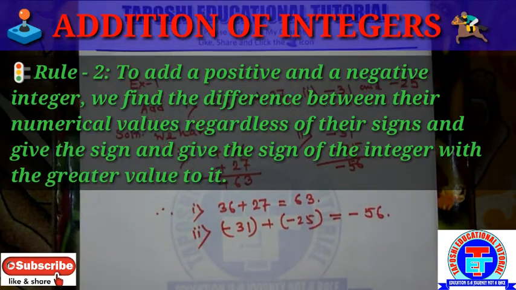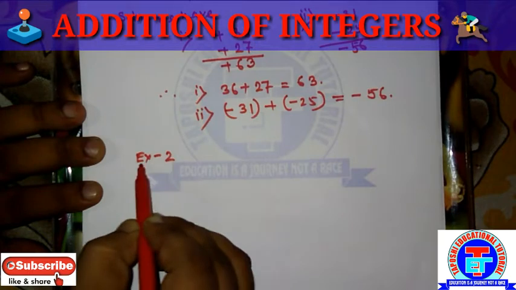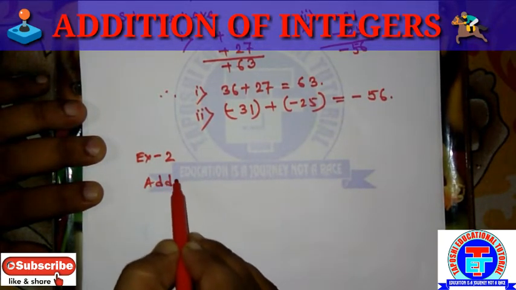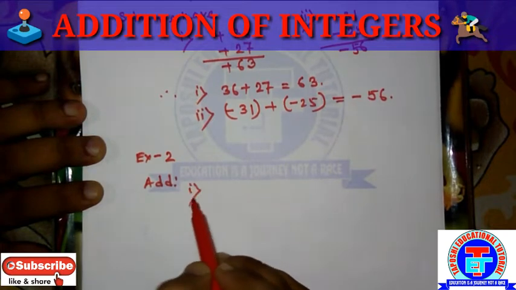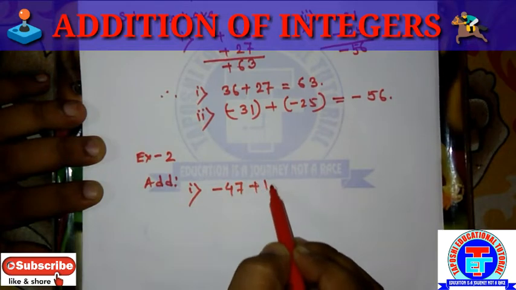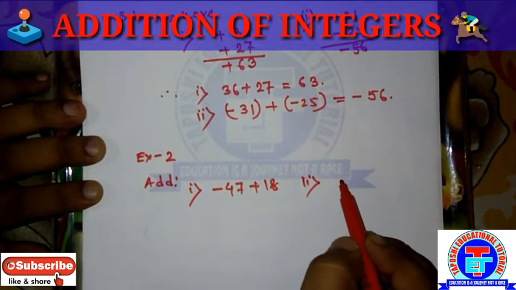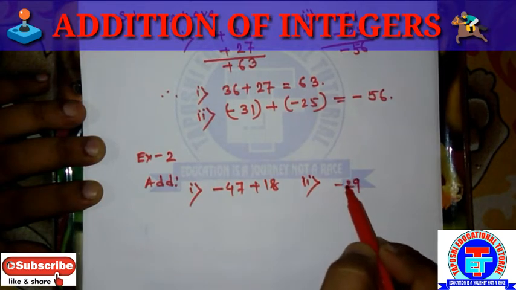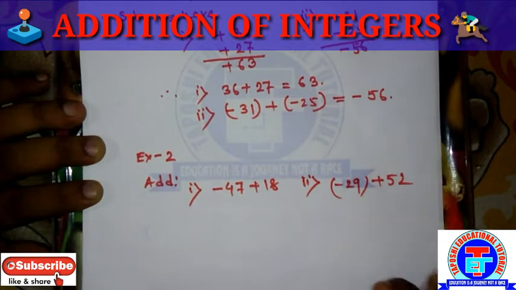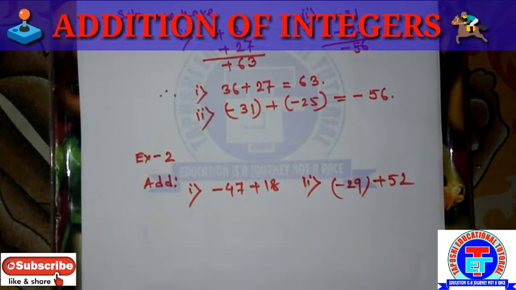Example number 2. We are given: add number 1, minus 47 plus 18. Number 2 is given minus 29 in bracket plus 52. So here we solve this problem.